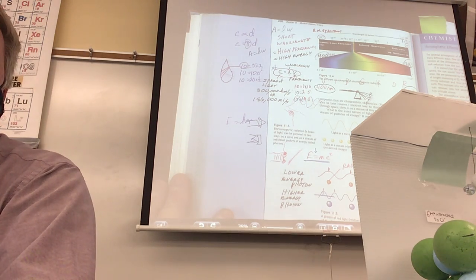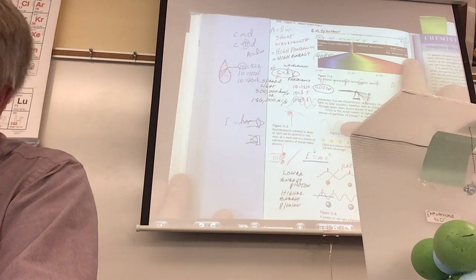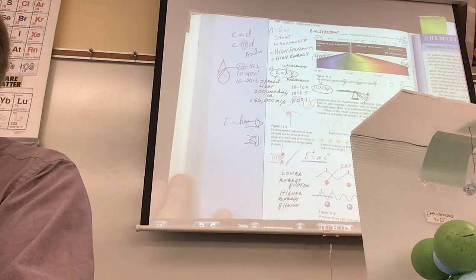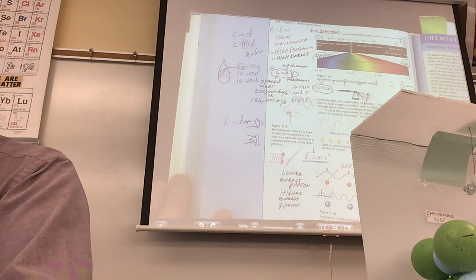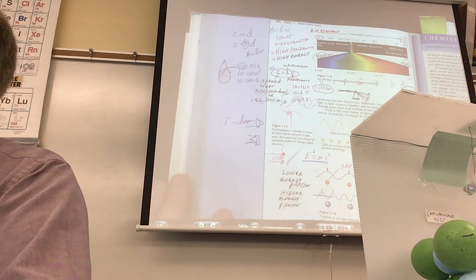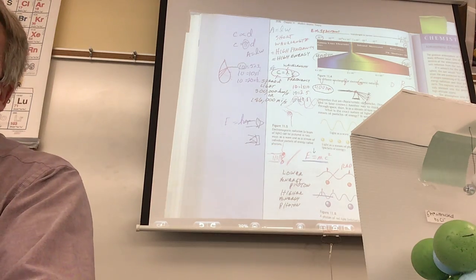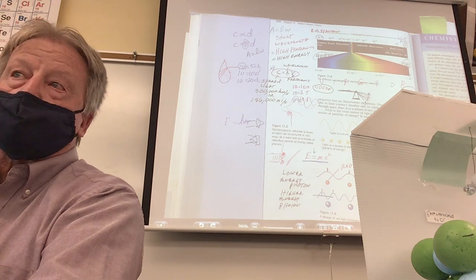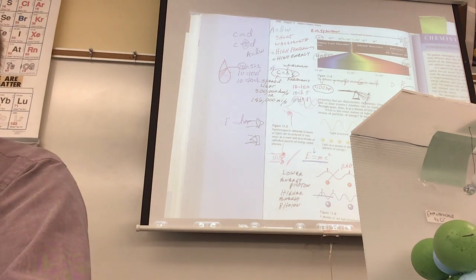Everything on here is light. Gamma rays, X-rays, microwaves, infrared, ultraviolet, radio waves, those are all forms of light. They all travel at the speed of light, an unbelievably big number, like 186,000 miles per second, or 300,000 kilometers per second. That's huge.